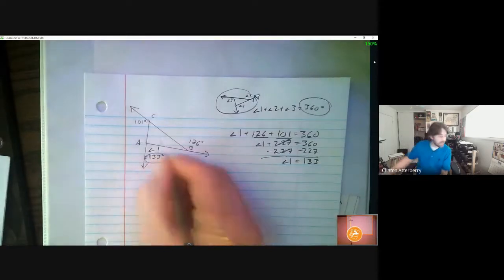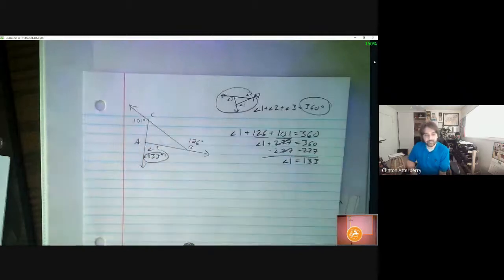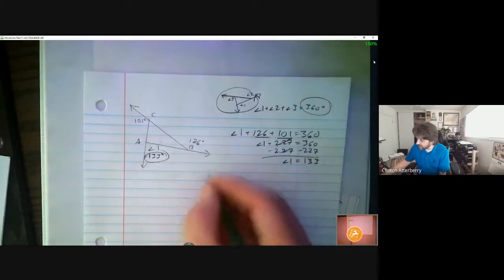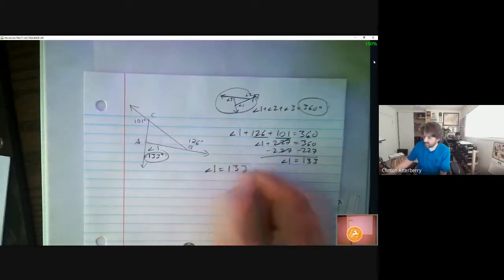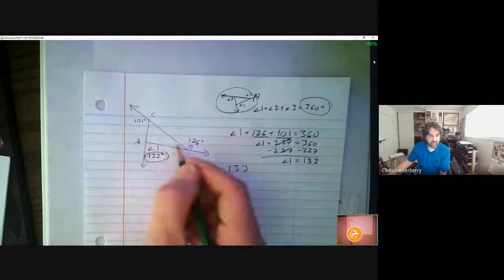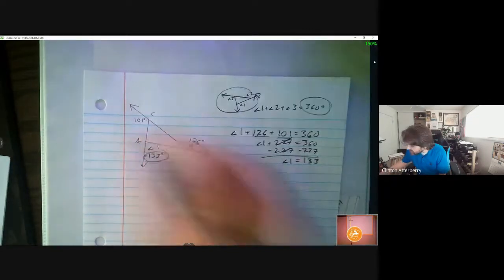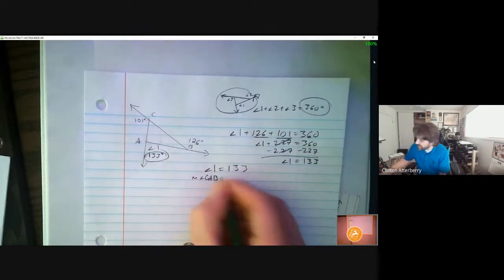And then you can bet your bottom dollar they're going to ask for those 3 angles inside. So this is going to be the measure of angle 1, but they're going to also ask for those 3 angles. Let's start with angle A, CAB or BAC. Let's just call it CAB, but it might be BAC. They refer to the same angle.